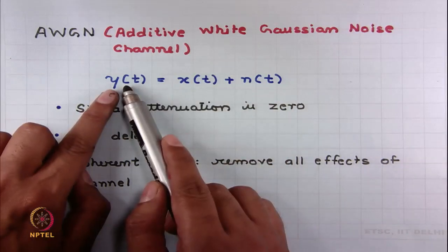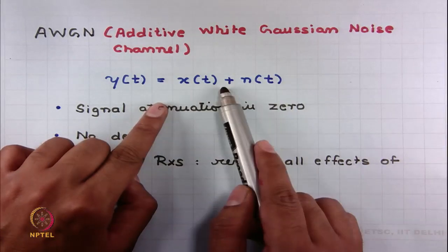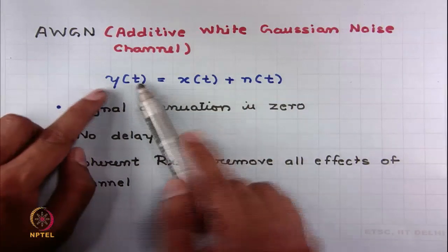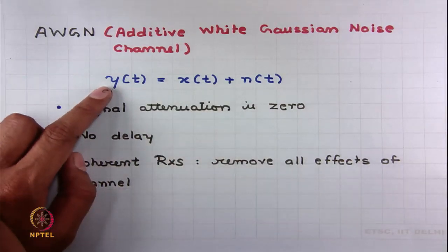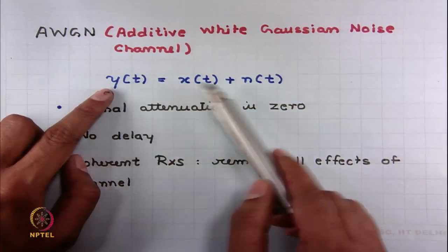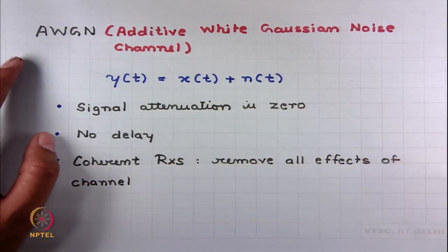There is no attenuation and nothing like that. We also assume that the output arrives at the same time as the input is transmitted, so there is no propagation delay, because these issues are dealt with independently. The detection issues are completely isolated from the issues of attenuation and propagation delays.